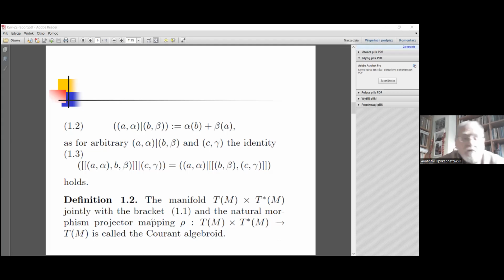This Courant algebroid is one of the simplest versions of a Lie algebroid related to the manifold M and the canonical structures on it, the tangent space and cotangent space.